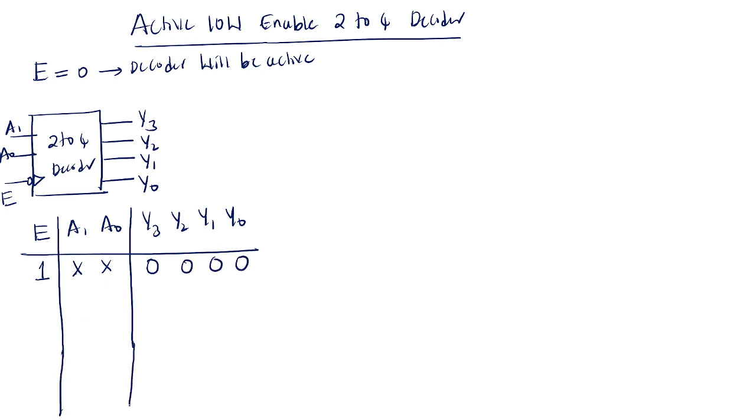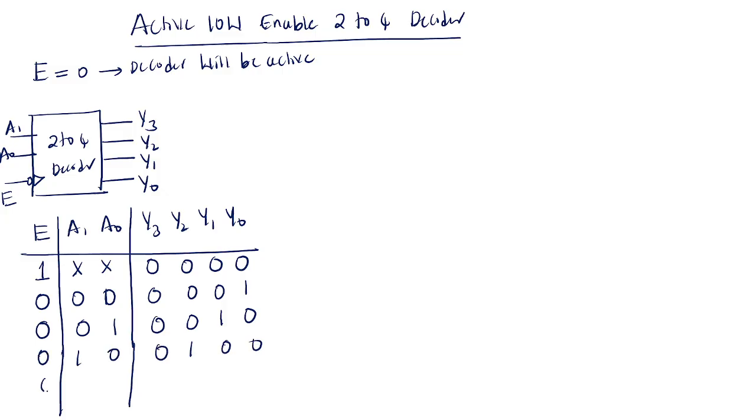Next, enable pin is 0 with 0 0 gives Y0 as 1, so outputs 0 0 0 1. Then 0 0 1 0 gives Y1 equal to 1. Then 0 1 0 gives Y2 equal to 1, and 0 1 1 gives Y3 equal to 1.